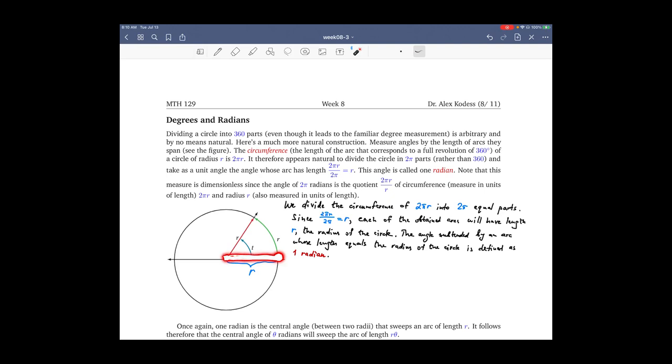Take this radius as your initial side. Start measuring angles from this initial side.